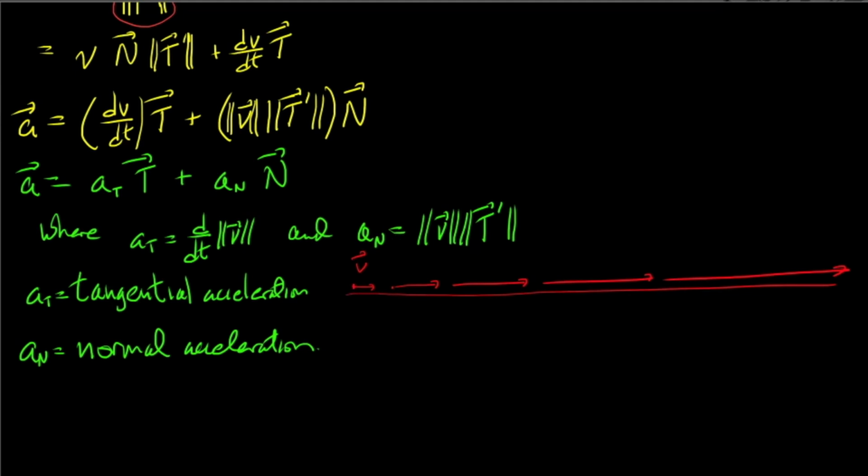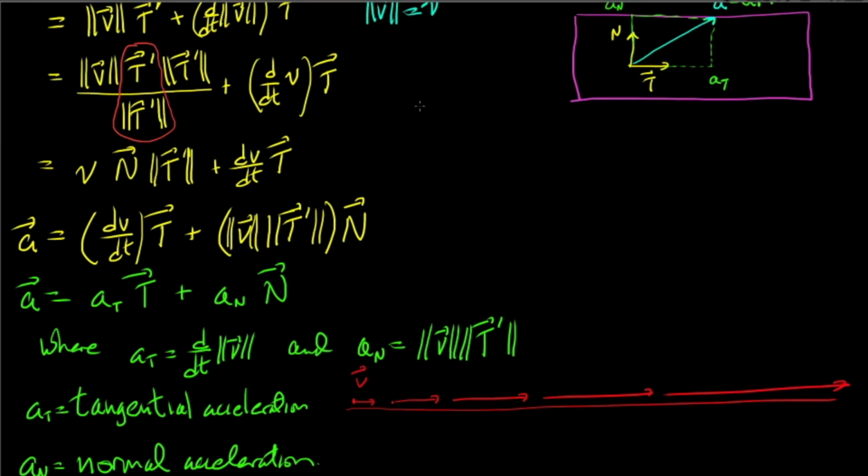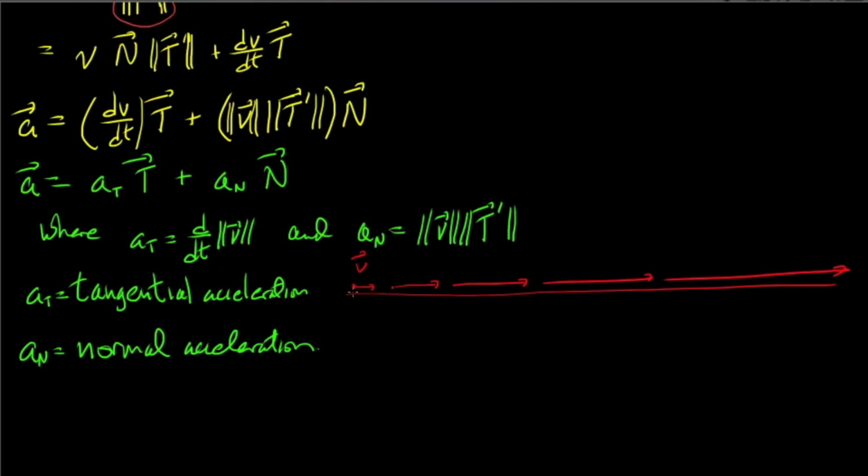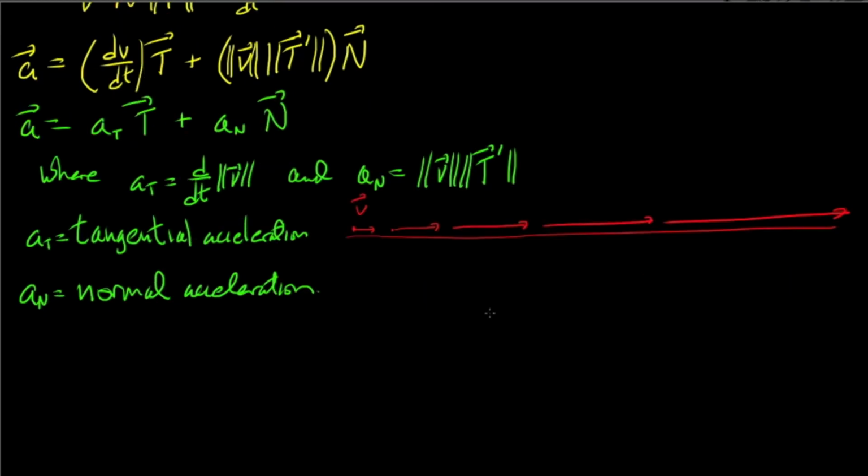Okay, so what's normal acceleration? Well, normal acceleration will be perpendicular to that. So in this case, there is no normal acceleration. If something is speeding up, it's not changing its direction. So you get a normal acceleration when you're changing direction.